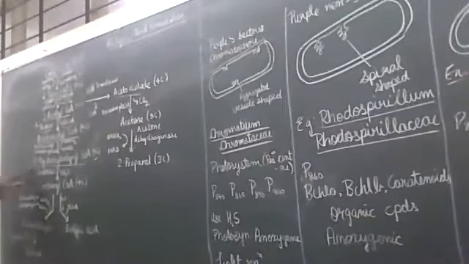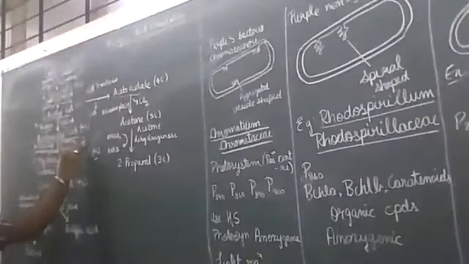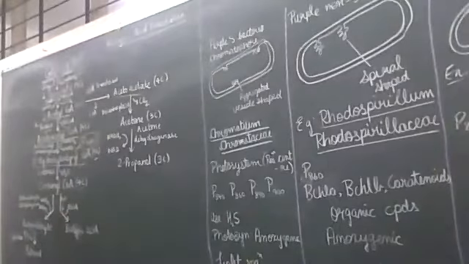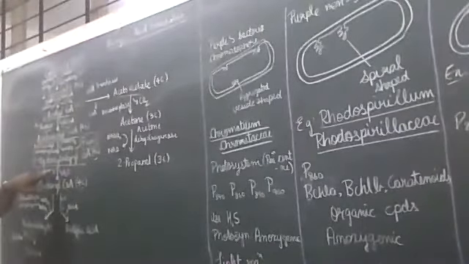Got it? So beta hydroxybutyryl-CoA, how is it formed? By utilization of NADH2. Whatever NADH2 is formed in the beginning steps will be used here by a mechanism called reduction. Reduction occurs. Hydrogen is added to acetoacetyl-CoA to form beta hydroxybutyryl-CoA in the presence of acetoacetyl-CoA dehydrogenase.